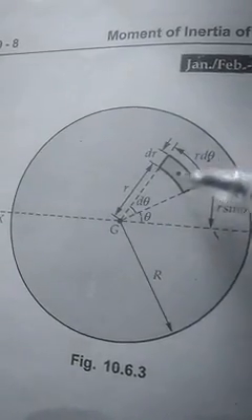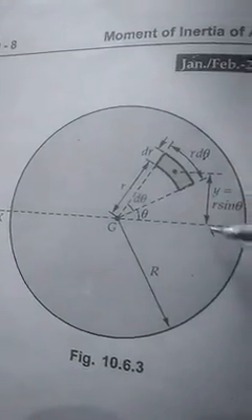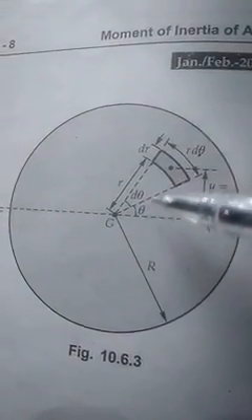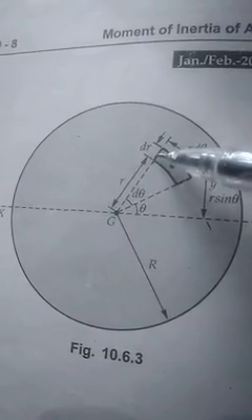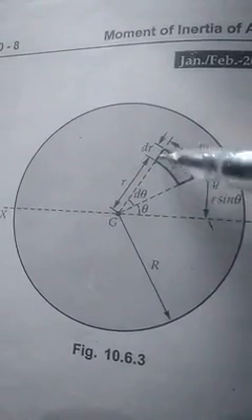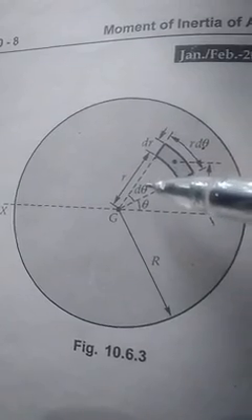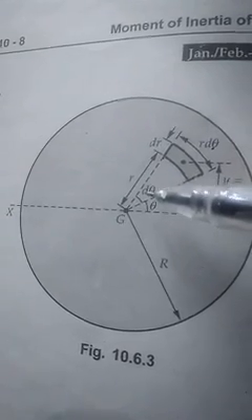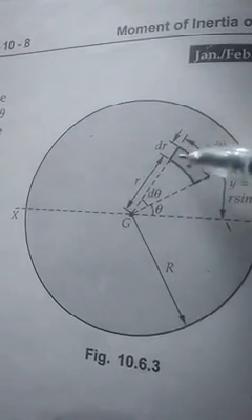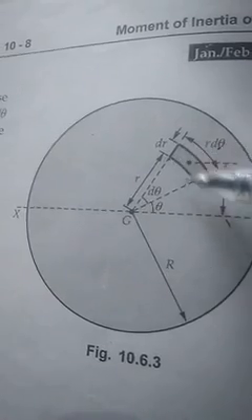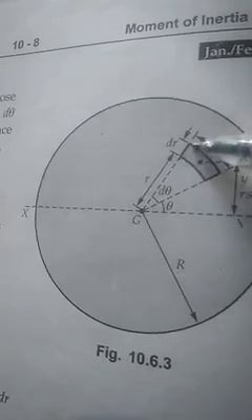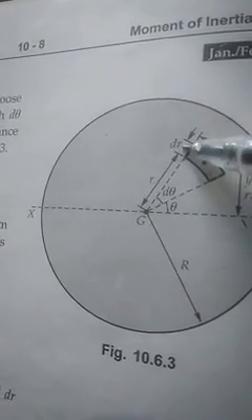The smaller element makes an angle of theta with the x-axis. From one end to the other end of the smaller element, it has the smaller angle d theta, and it has the smaller radius from here to here, that is dr.